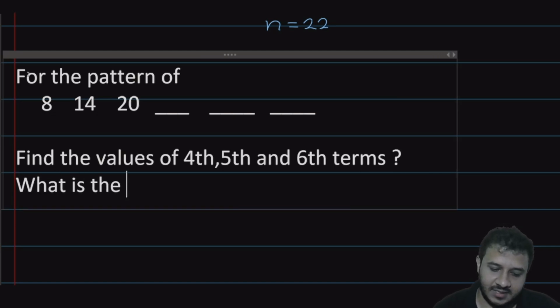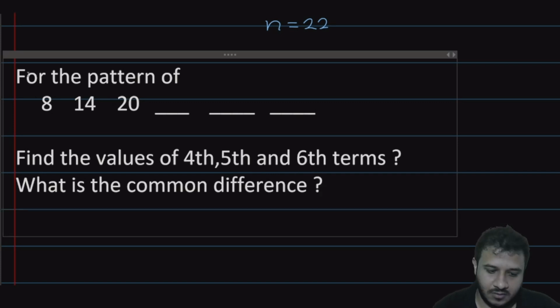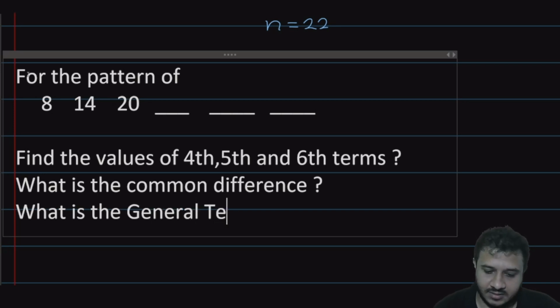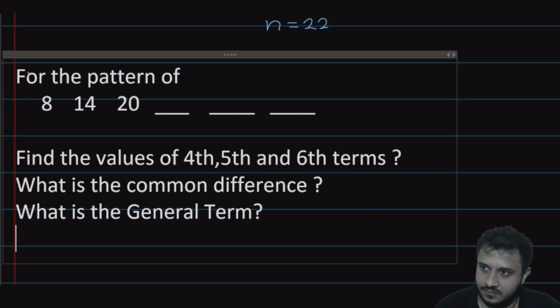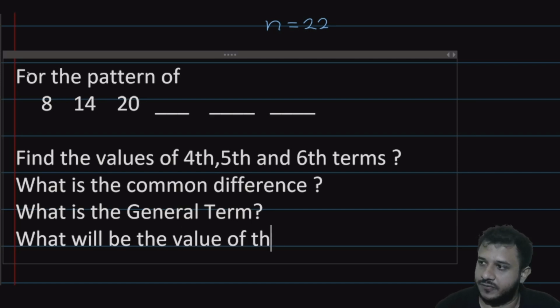What is the common difference? What will be the value in the 56th term?